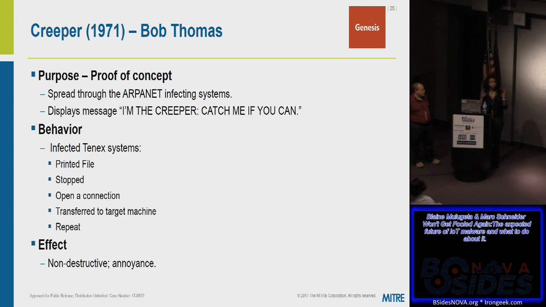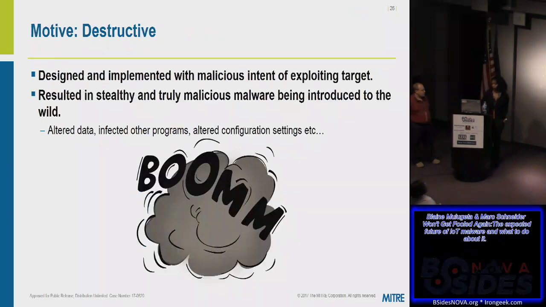And the author of The Reaper redesigned this to allow the malware to replicate itself versus just transferring. I think it's safe to say that this is not really destructive and is more of an annoyance. But as I said earlier, this introduced danger and opened the door to authors using this type of technique.